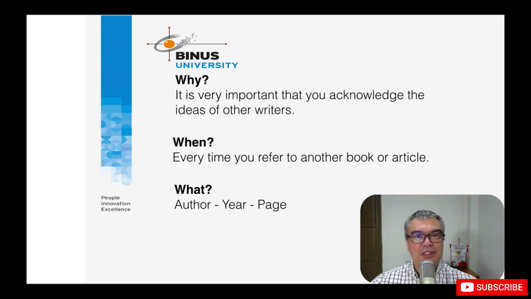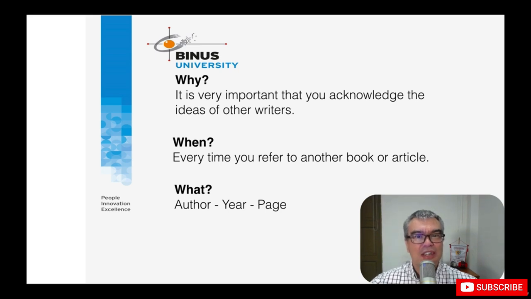In order to give a citation, you need to include the following information in your text. That is the author's name, the year of publication of the relevant book or article that you are citing, and then the page number.